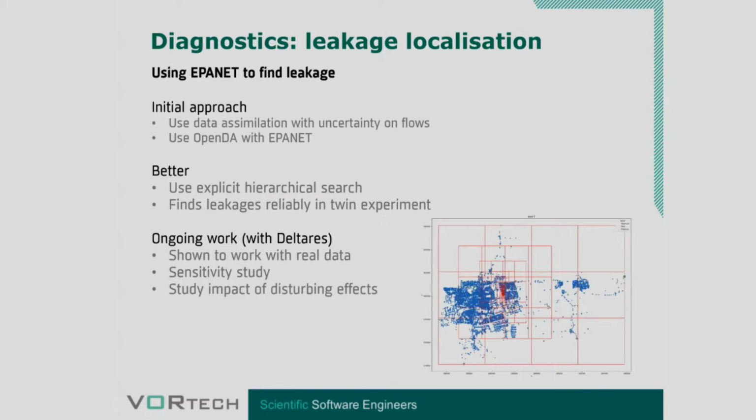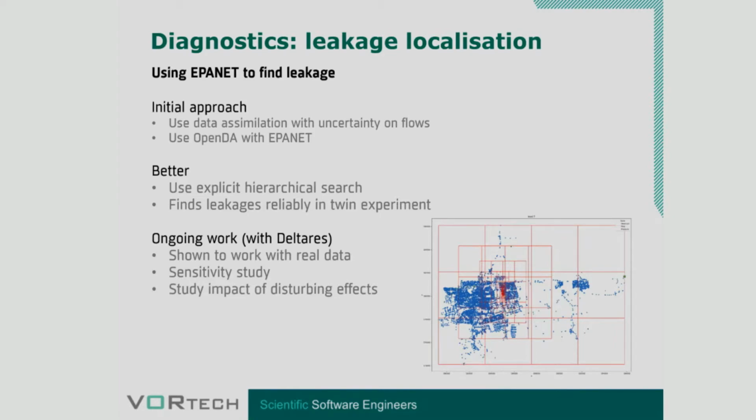Then, once you know that there's a leakage somewhere in your system, then of course it's also important to know where this leakage is. And for that we use a combination of a traditional model, in this case an EPANET model, with data.